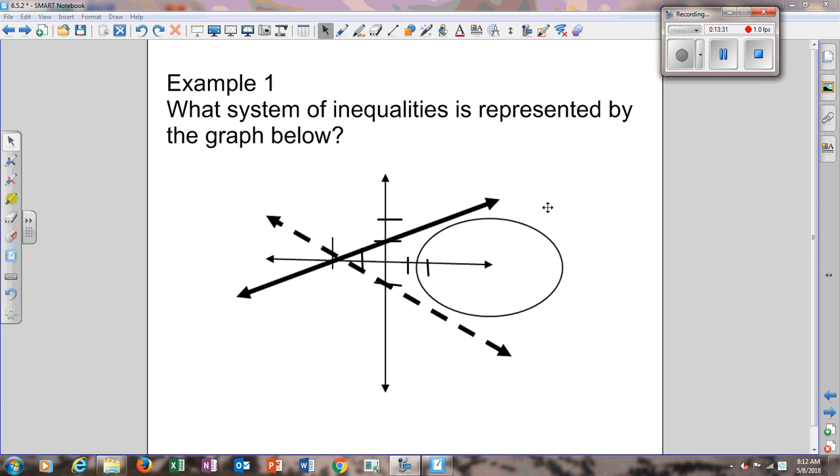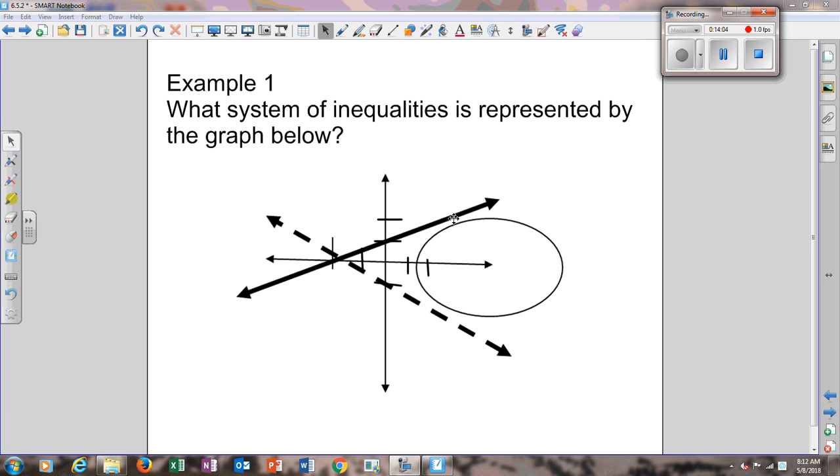And we can tell that it's shaded underneath. So it's going to be y is less than something x plus 1. Then look at how it moves. It goes up 1 and over 2. So that would be 1/2. So your equation would be y is less than or equal to, because it's a solid line, 1/2 x plus 1.